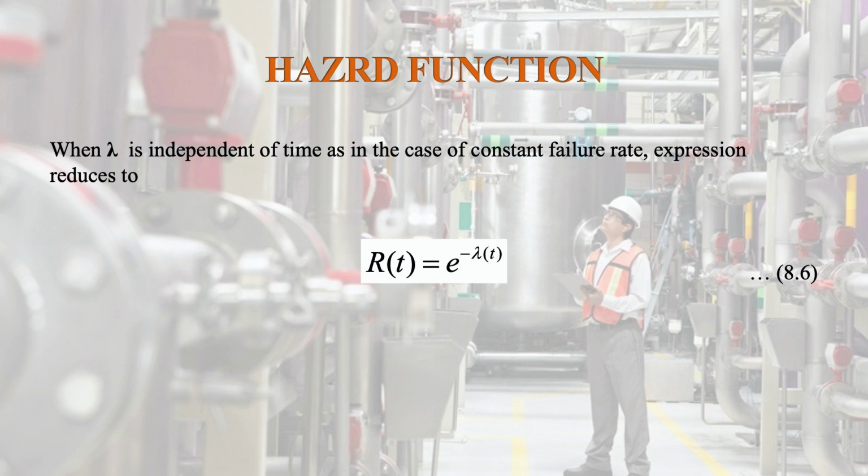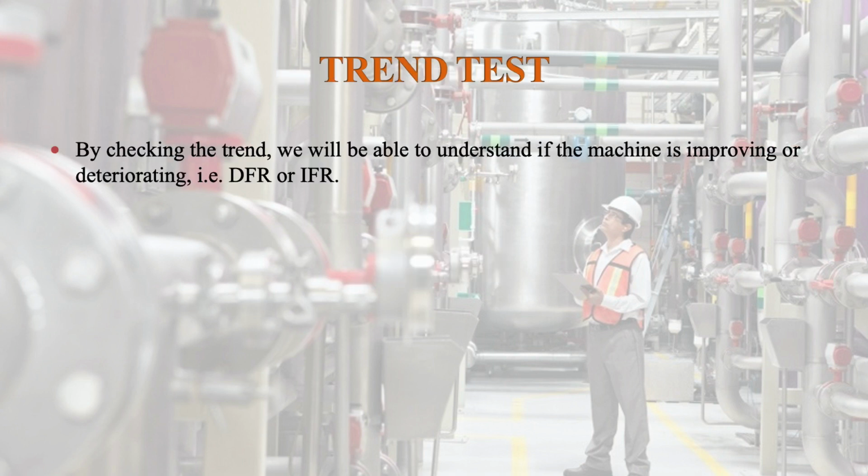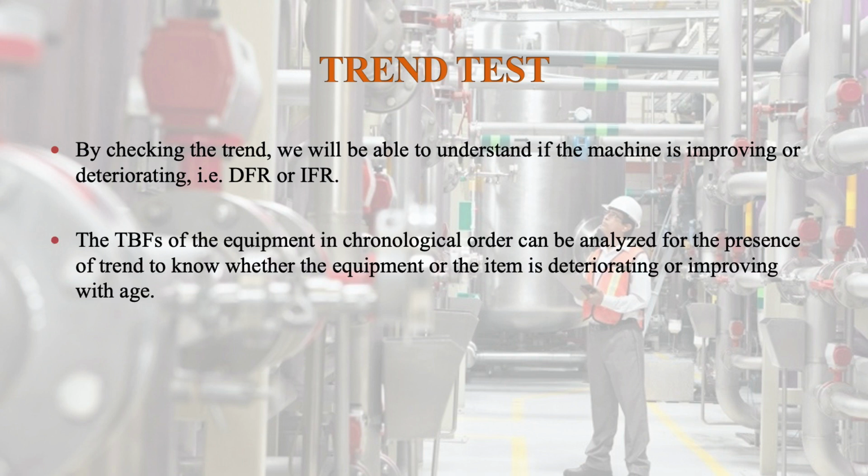Then the trend test. By checking the trend, we will be able to understand if the machine is improving or deteriorating, that is, DFR or IFR. The TBF, the time between failures of the equipment in chronological order, can be analyzed for the presence of trend to know whether the equipment or the item is deteriorating or improving with age.